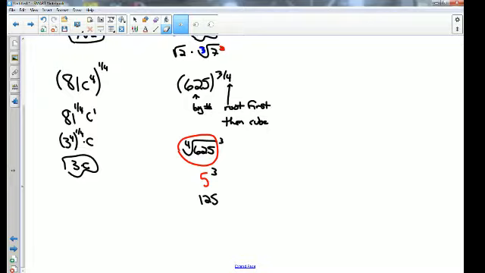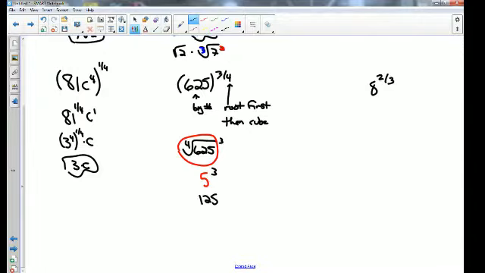That's gonna work. 8 to the 2/3. That'll work. Is that a smaller or a bigger number? It's a small one. It's a smaller number, so I want to square it first.